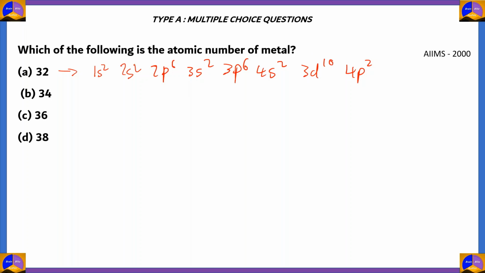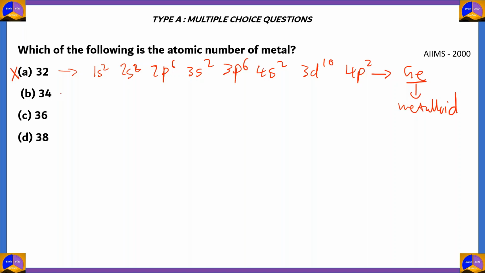So 2 plus 2, 4, plus 6, 10, plus 2, 12, plus 6, 18, plus 2, 20, plus 10, 30, plus 2, 32. Now, the atomic number 32 is the atomic number of germanium. The element germanium is a metalloid and not a metal, which is why option A can be classified as incorrect.